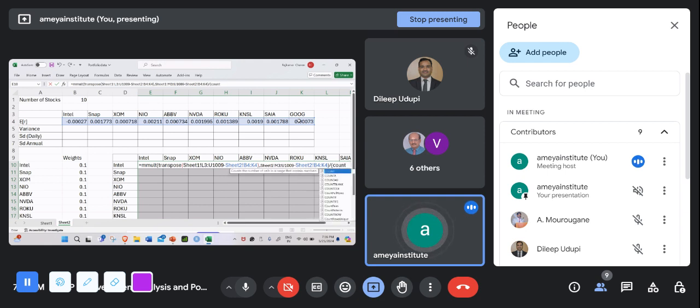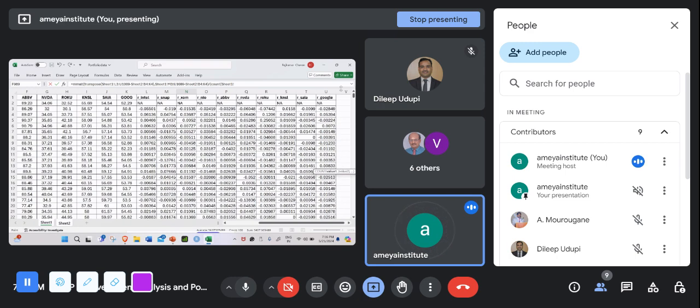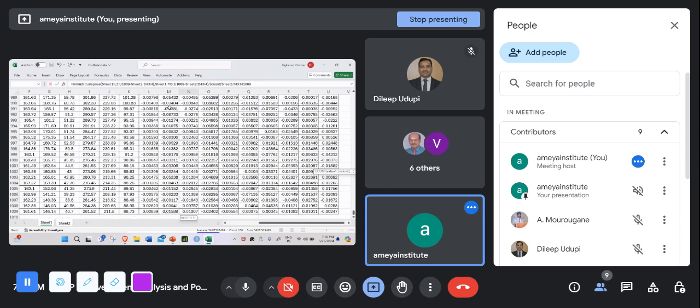So we'll write COUNT of, again go to sheet 1, select all these rows, minus 1, bracket close.